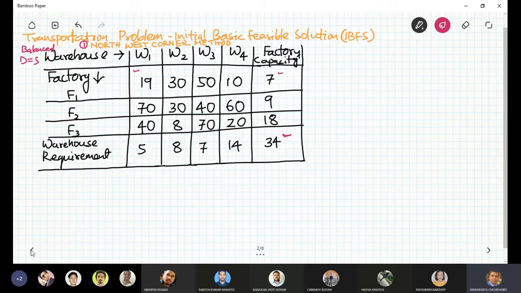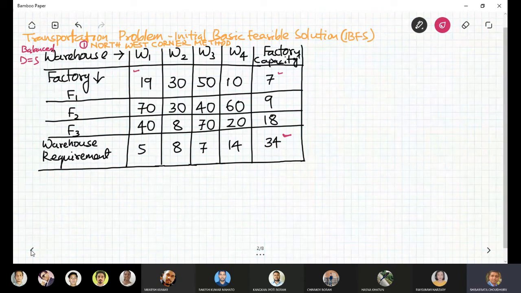So first for this F1, W1, and this is 19, 30, 50, 10, all these are per unit transport cost. The cost is 19, all in rupees. That is the cost of transporting one unit from warehouse 1 to factory 1.